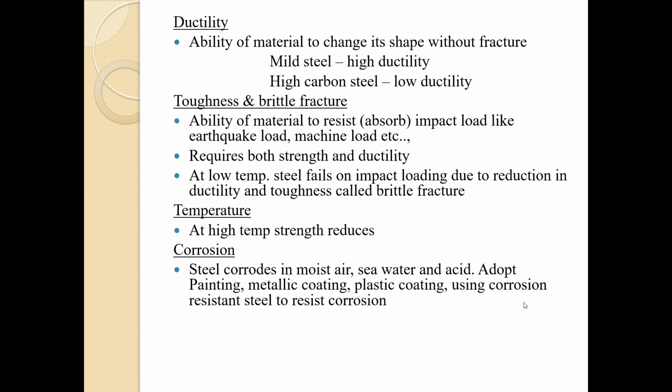Then the toughness and brittle fracture. Toughness is the ability of a material to resist impact load like earthquake, machine load, etc. It requires both strength and ductility. At low temperature, steel fails on impact loading due to reduction in ductility and toughness, called brittle fracture.